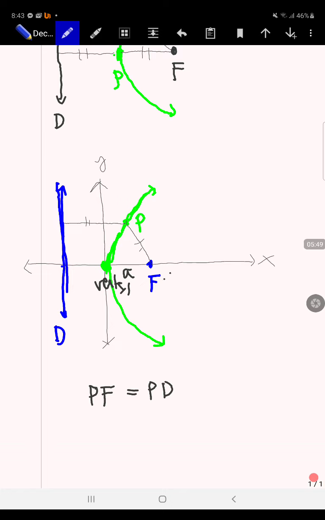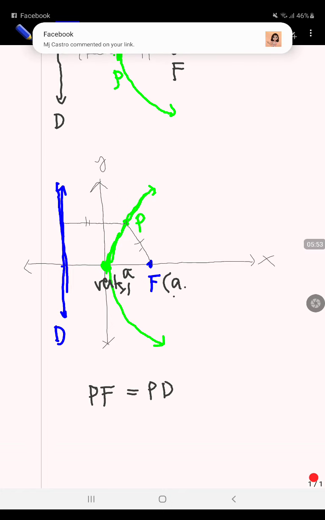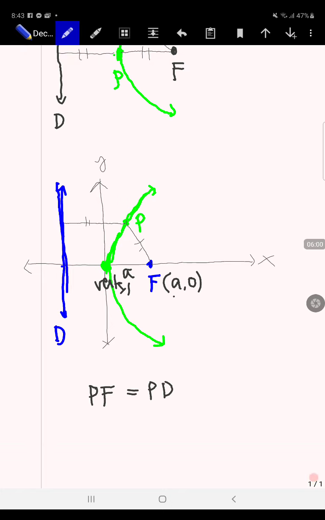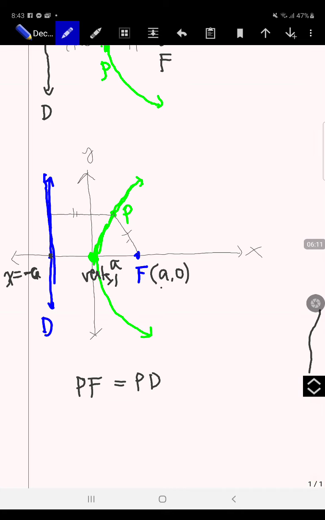So F now would have coordinates (a, 0), while the equation of the directrix would be x equals negative a.